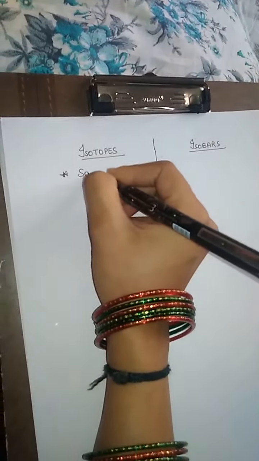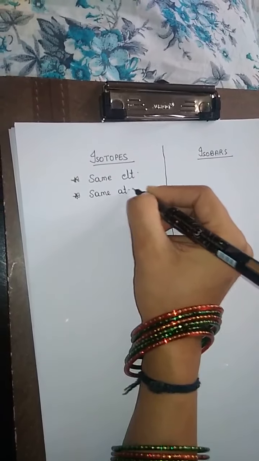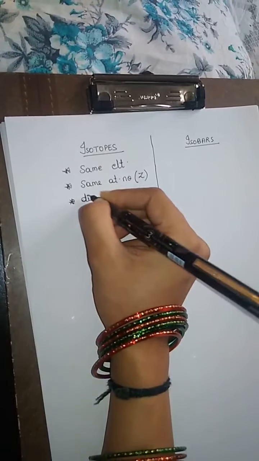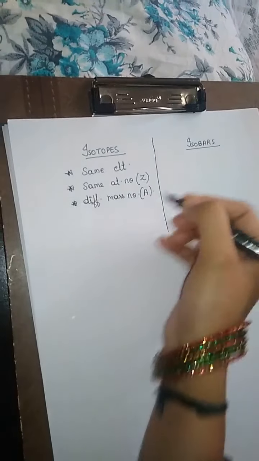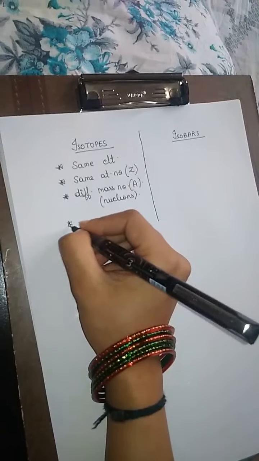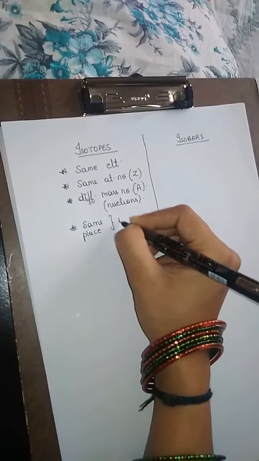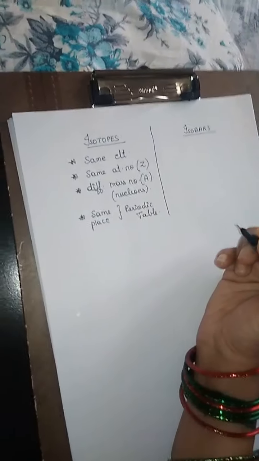So as you already know, isotopes of the same element have the same atomic number, which is represented by Z, different mass number, which is represented by A, which is also called nucleons, and they have the same place in the periodic table.